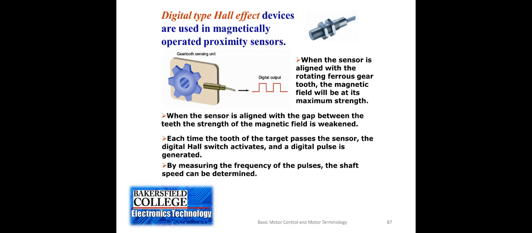So as that tooth goes across the Hall effect sensor, that puts a pulse of electricity into a step-up transformer that's called the ignition coil, and that makes 30, 40, 50,000 volts that then is put into the correct spark plug. Even on modern vehicles where they have their own ignition coil for each spark plug and they're fired by the computer, how they know when it needs to be fired is with a Hall effect device.